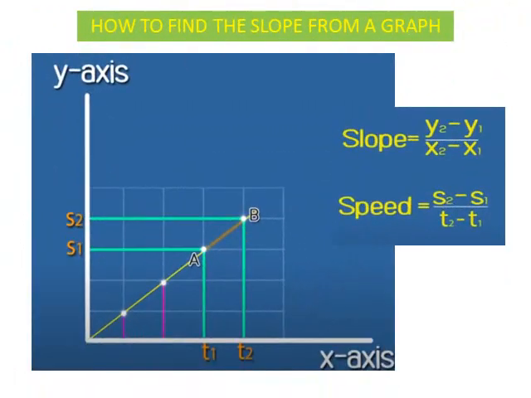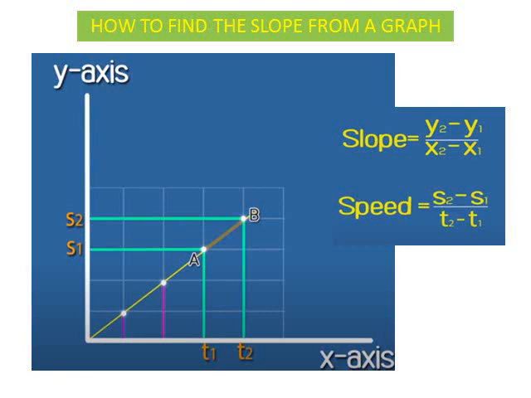Children, this graph is the most important graph because this is going to guide you how to find the slope of the straight line, the slanting straight line. Therefore, you need to observe this slide more carefully.